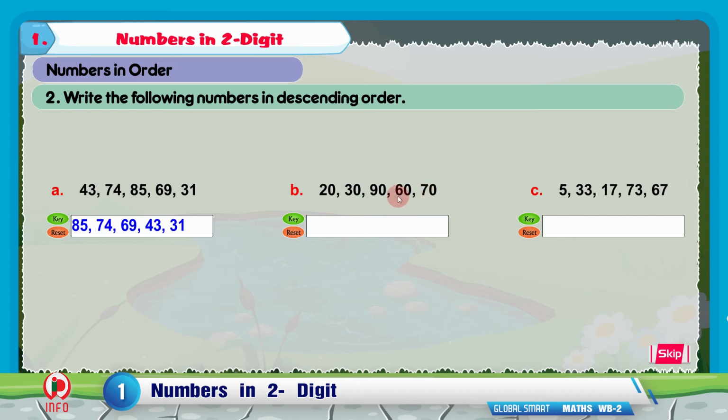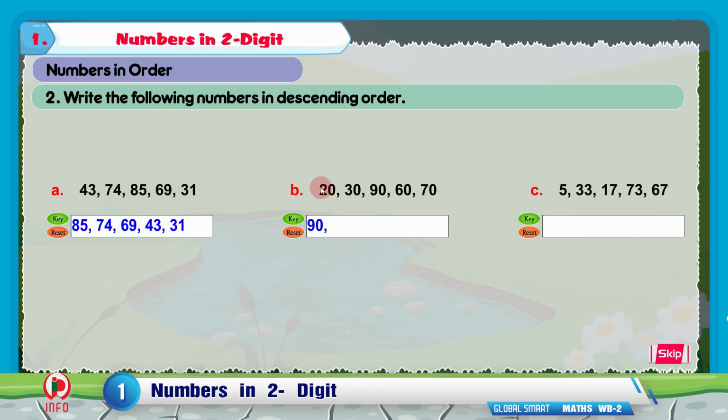So if we compare all the numbers in tens place, 2, 3, 9, 6, 7, 9 is the greater one. So 90 is the greater number. We will write here 90.